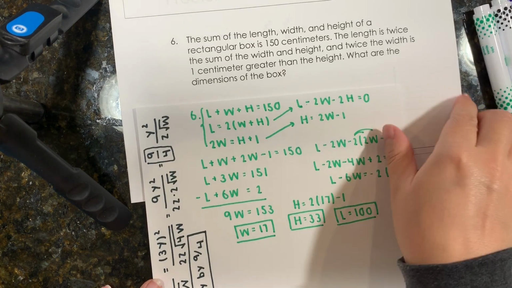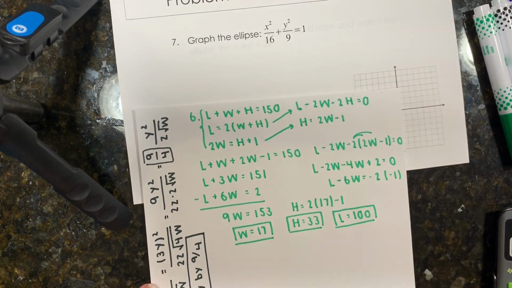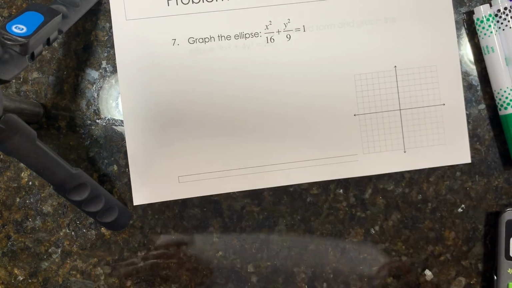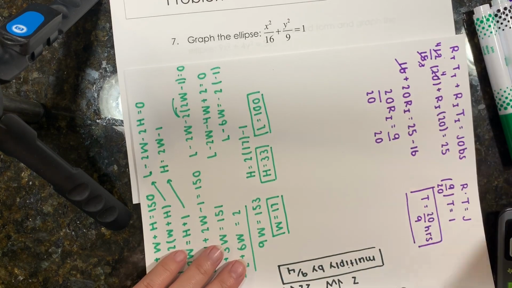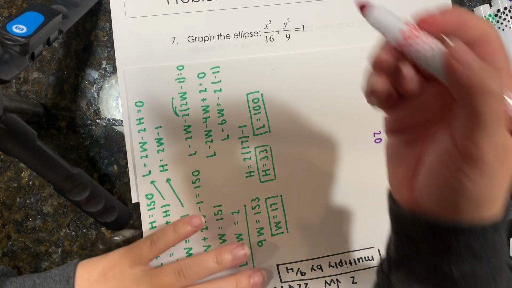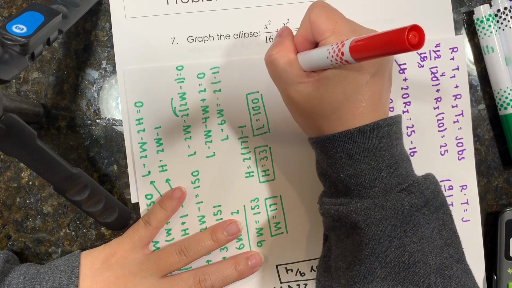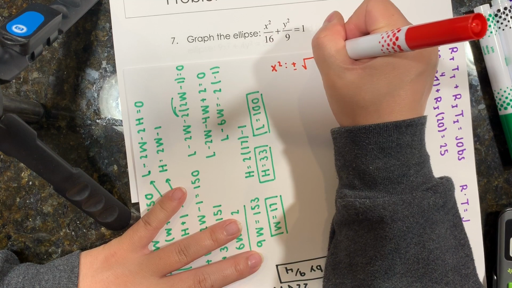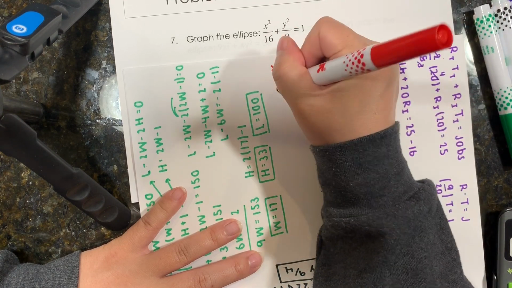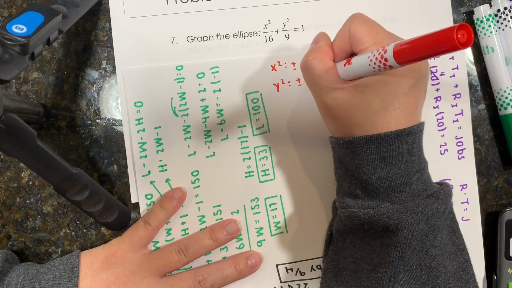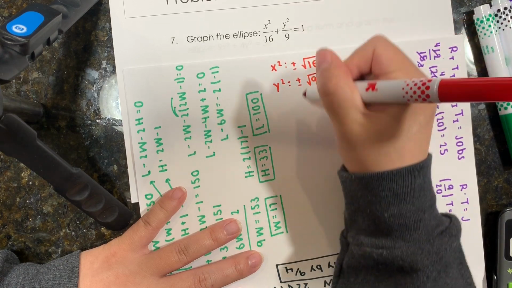Now number 7 and 8, I hope you guys attempted before doing it with me. It says graph the ellipse. The only thing you have to do for this one, it's already in the correct standard form, is you need to take the square root of each. So x squared, the distance is going to be the square root of 16 away from the origin. And for y squared, it's going to be the square root of 9.